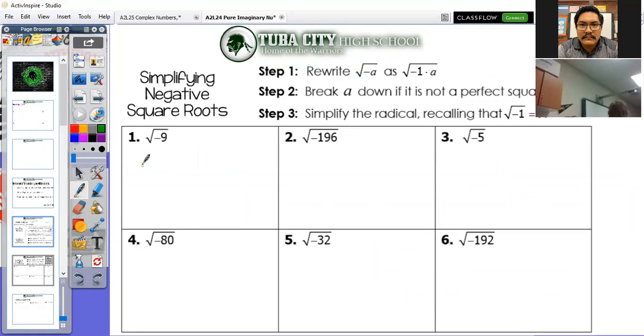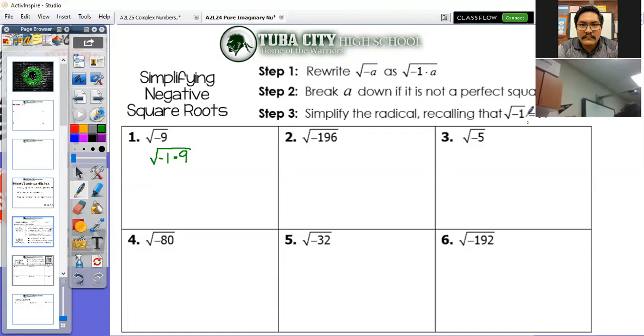So there are our rules again. Let's go ahead and practice on some of these. So the square root of -9. I need two numbers that multiply to -9, and I want them to be square numbers if I can. 9 is already a square number, so I'm going to separate it from -1.